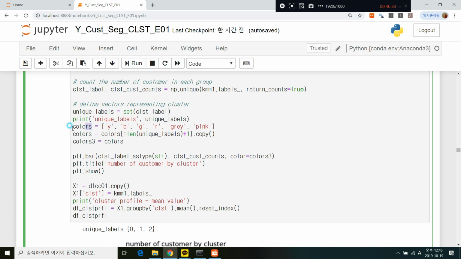This variable has a list of color labels: yellow, blue, green, red. But actually we create only 3 clusters, so we'll use just the 3.